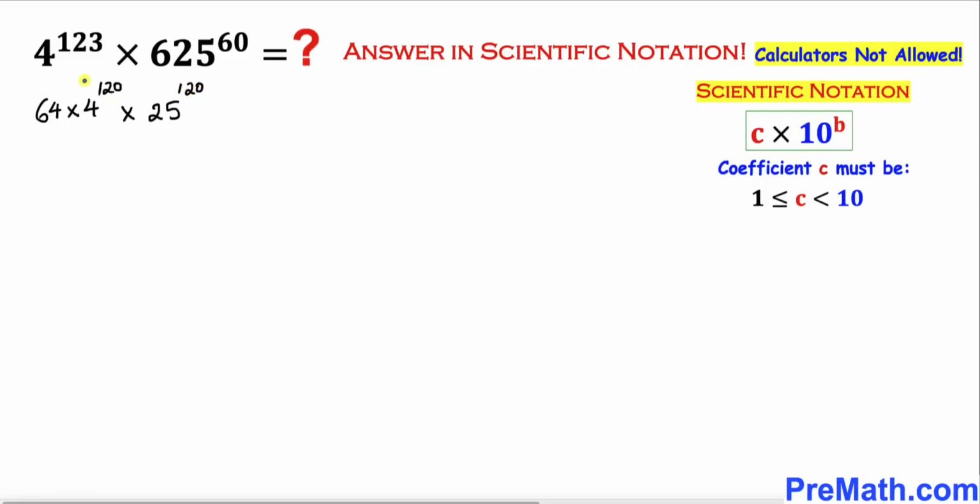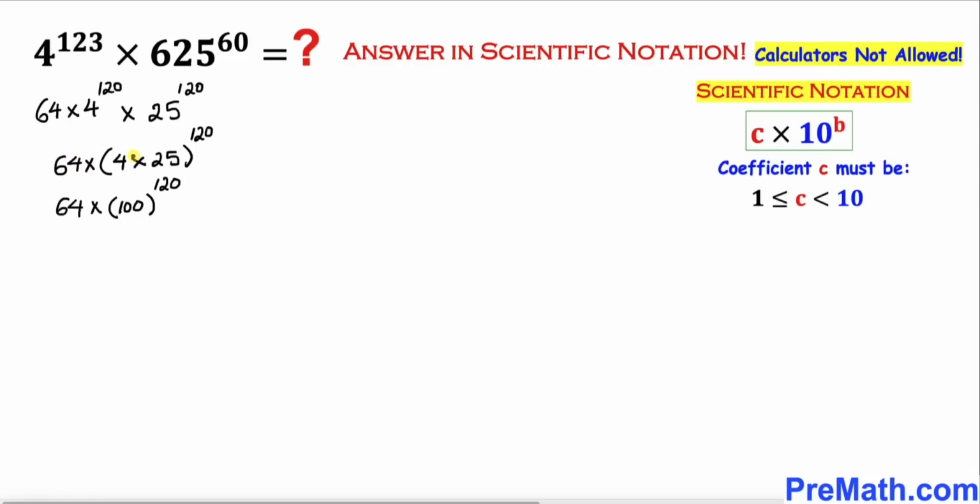120. And now let's focus on this part only in this window. And we are going to apply this rule of exponents. So this could be written as 4 times 25 power 120. And we are going to leave this 64 outside as well.